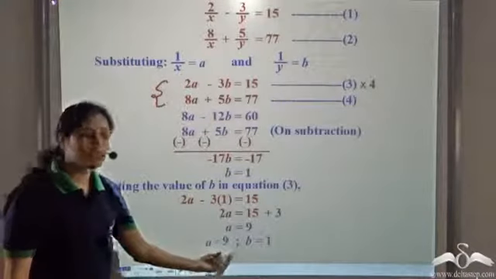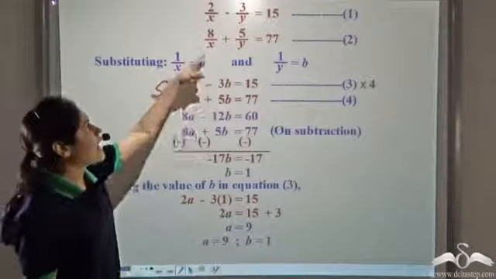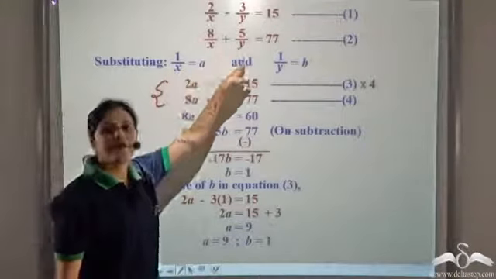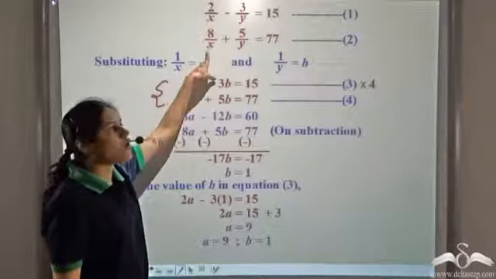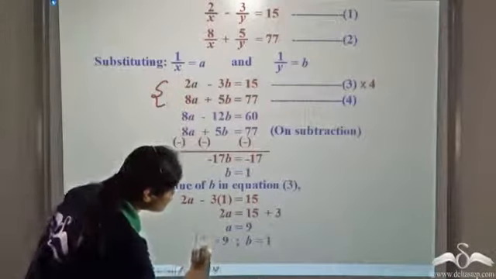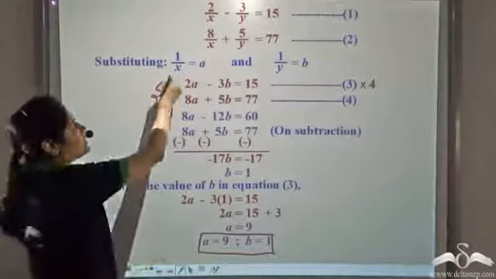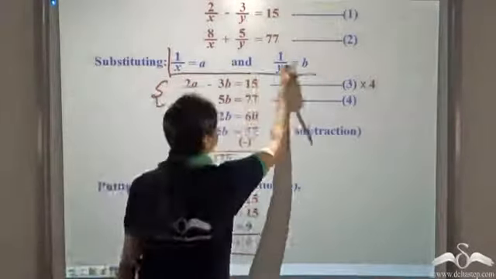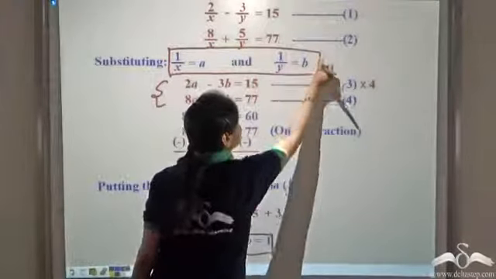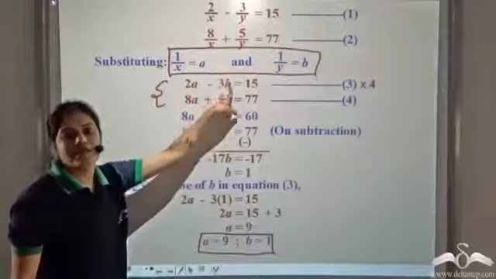So we have got the value of a and b. But we actually want to get the value of x and y in order to solve this pair of equations. So we use this value of a and b and this substitution which we have used to get the required value of x and y.